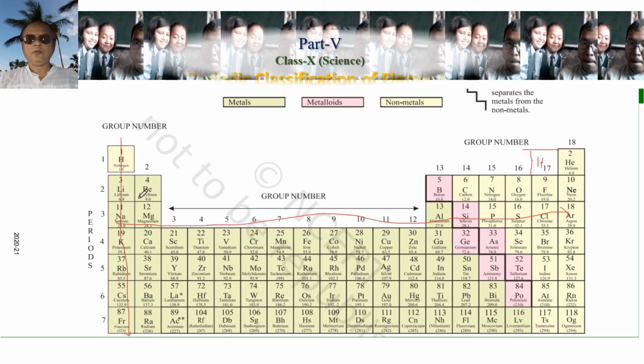So the number of electrons increases, the number of shells is fixed. Neon's outermost orbit will have 8 electrons. So when we go across the period, the atomic number increases by 1, but the number of shells remains the same.